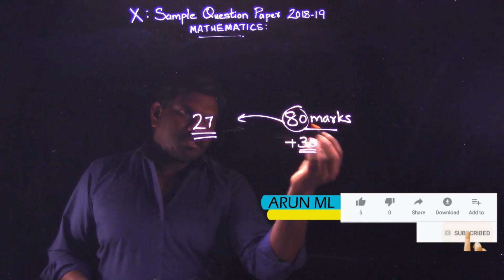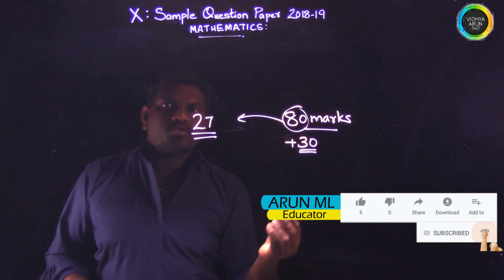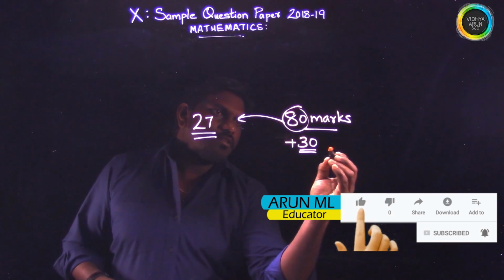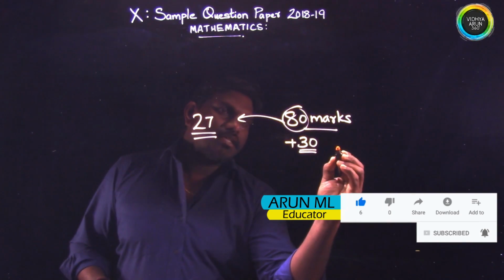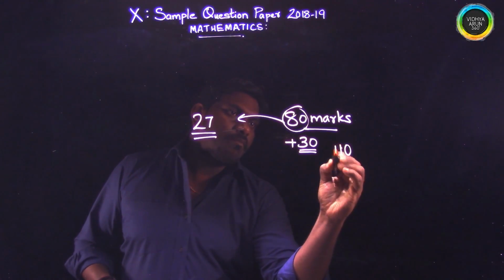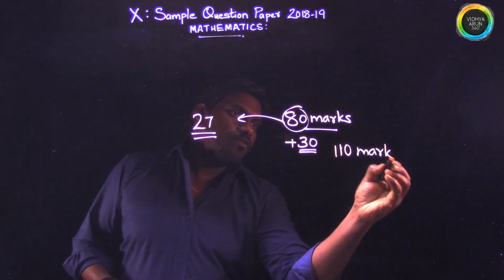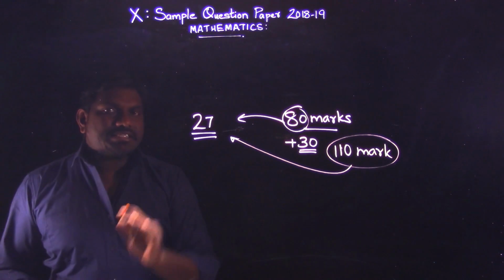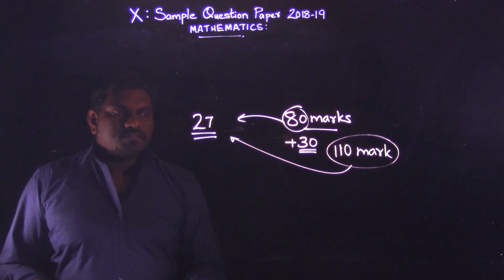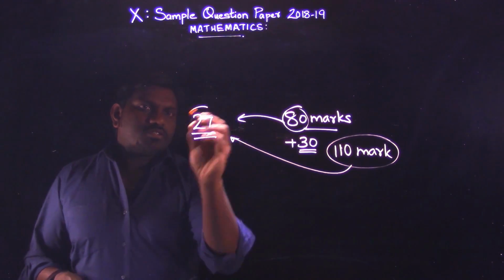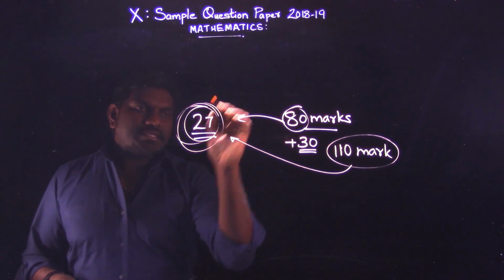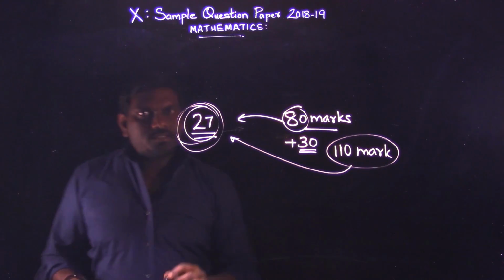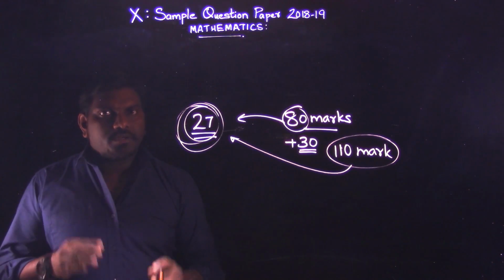So 30 marks come from those optional questions, and the total goes up to 80 plus 30, 110 marks. So out of 110 marks you just need to get 27 marks. That is not so hard for you to get, so just stick around with the model question paper and do it.